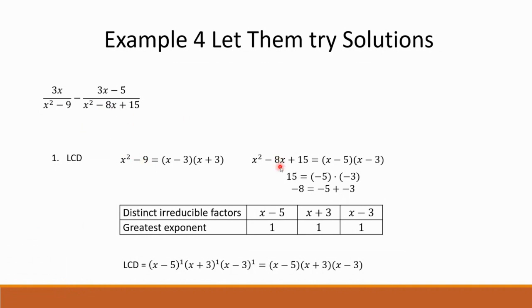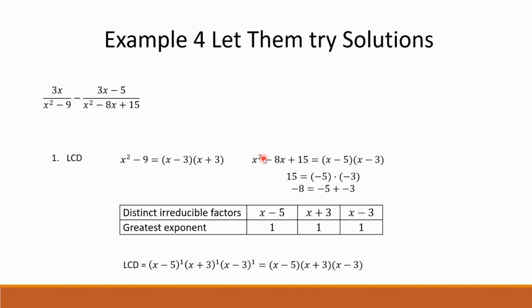Here, for the second one, we have 3 terms, the trinomial. The leading coefficient is 1, and the exponent here is 2. From there, we get x minus 5 times x minus 3. Excuse me, I skipped a step. So we have 3 terms, the leading coefficient is 1, degree 2.